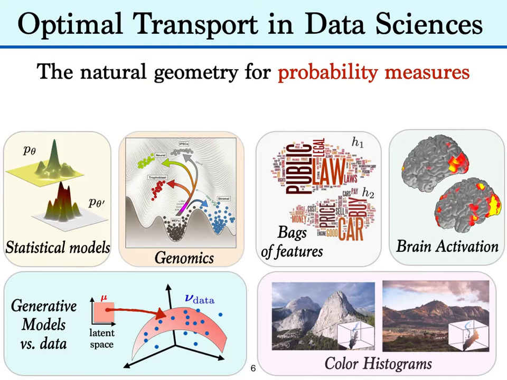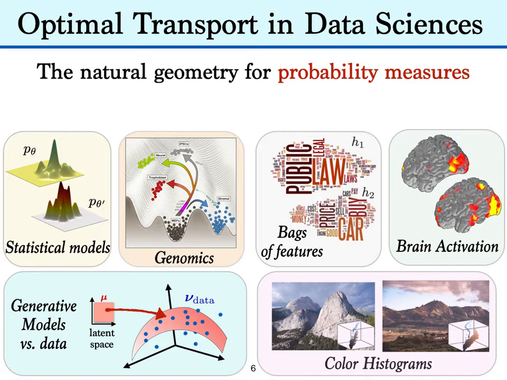In the generative models literature recently, which has grown a lot in importance in recent years in machine learning, one wants to compare the manifold of the generated data that's given to you by a generator algorithm, that would be a generative deep neural network, and the data that you are given. So for instance, on the left, we have a space of code words, which have very low dimension.